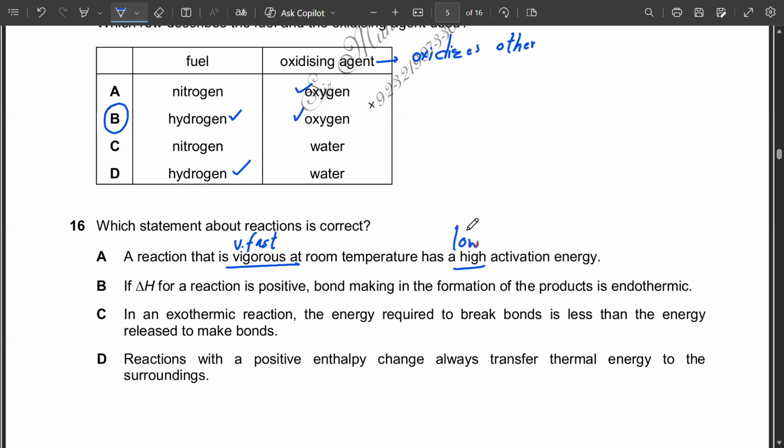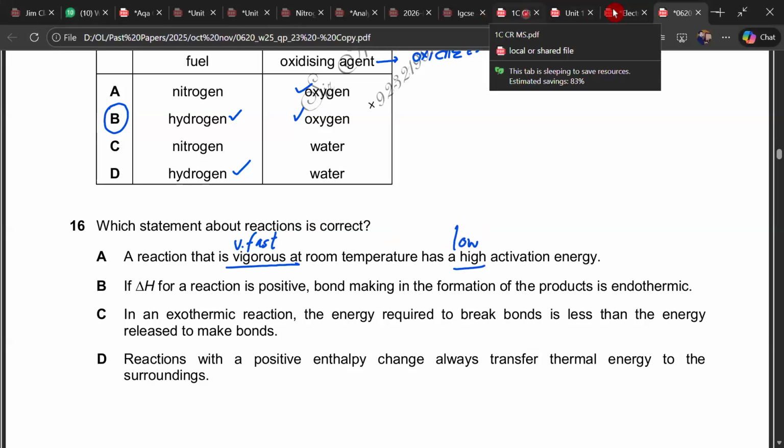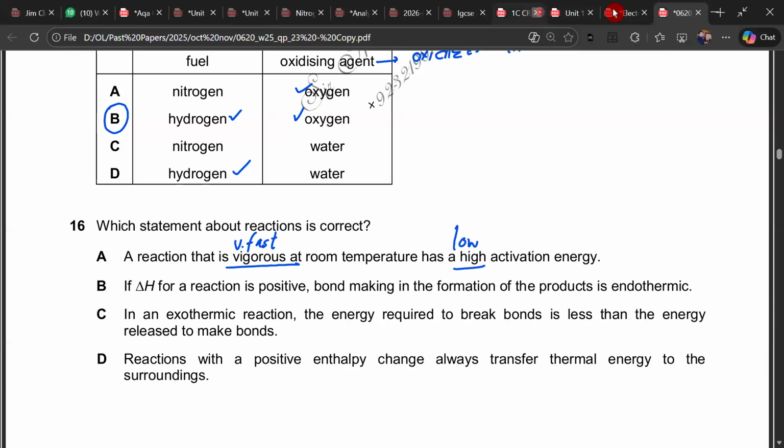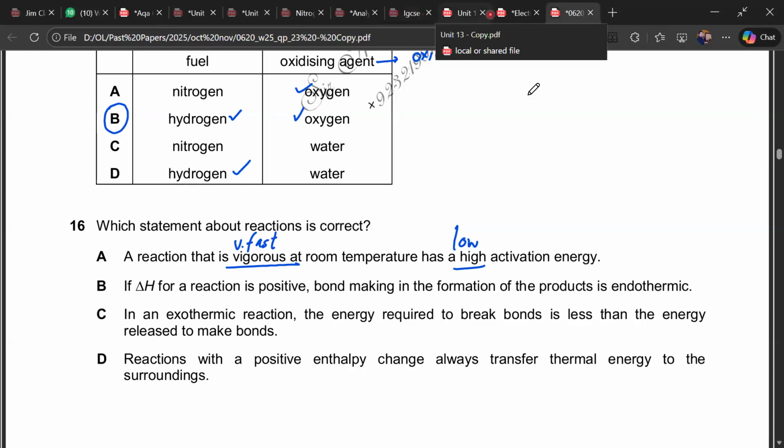If we understand this from the energy profile diagram, we can understand it more easily. For that purpose, I will open the notes related to energetics or enthalpy.